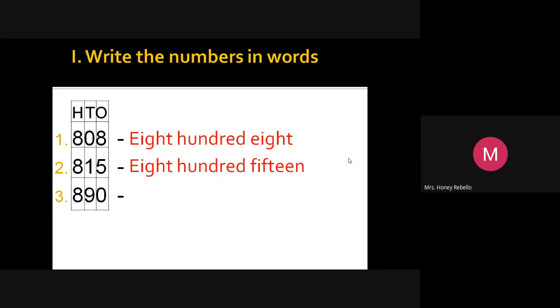Number 3 in your margin. 8 below hundreds place. 9 below tens place. 0 below ones place. Just down.